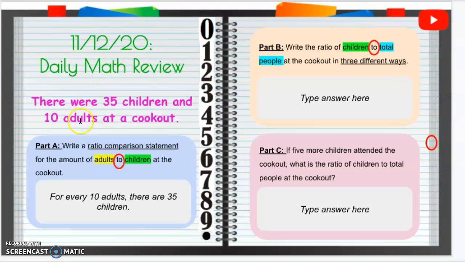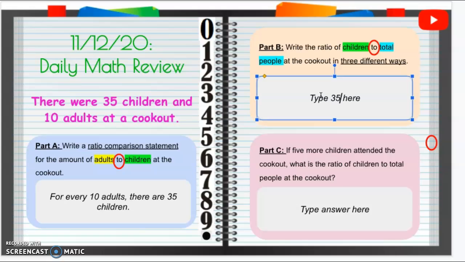Alright, so children. First of all, it says 35 children. So 35 children to, I'm going to do that TO for word form first. The total people. So if there's 35 children and 10 adults, if you add 35 and 10, you get 45.